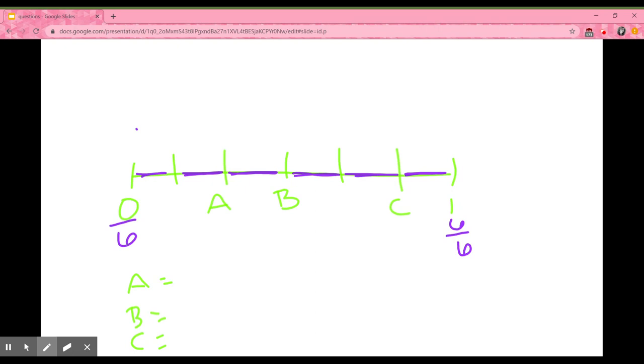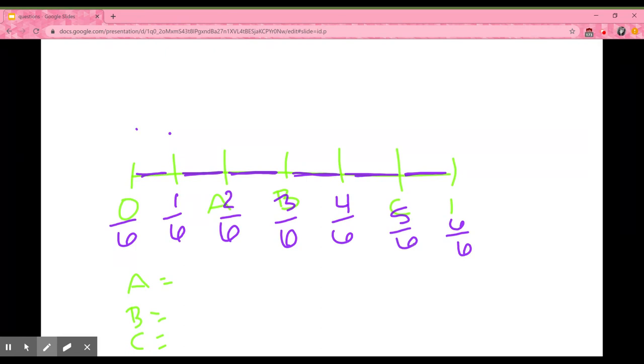Now, once we know that, we can go through and fill in the rest of the spaces. So our first spot right here is going to be 1 piece out of 6 total, 1/6. Then we have 2/6, 3/6, 4/6, and 5/6.